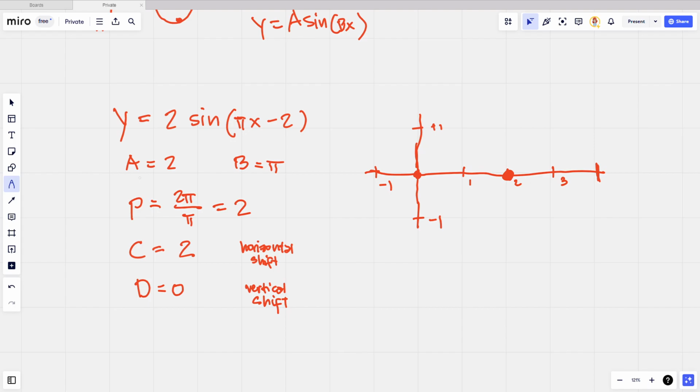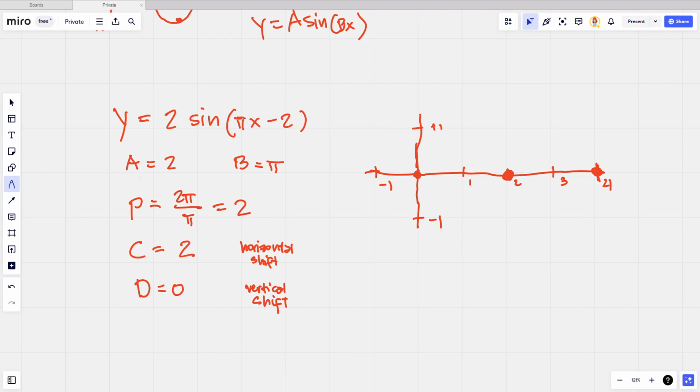We have the horizontal shift as 2. We add 2 to that, which is the period. So we should end up here at 4. This range right here is a full cycle of our graph. So we start at 2, we end at 4, because the period indicates that the distance between the initial and the final points of a full cycle is 2.